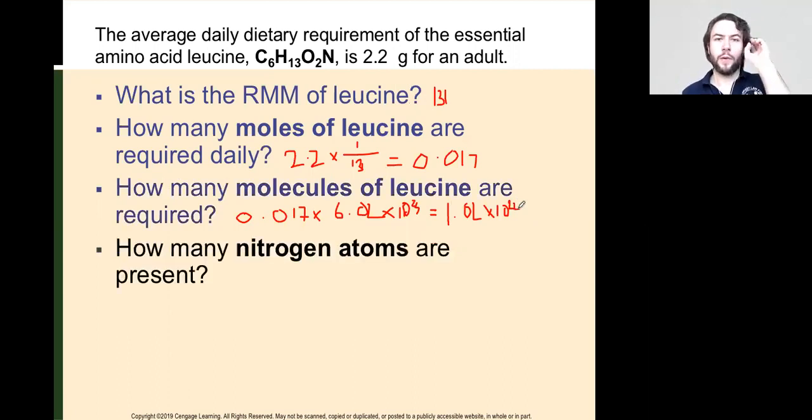Okay, so then how many nitrogen atoms are present? Who wants to give me an answer?